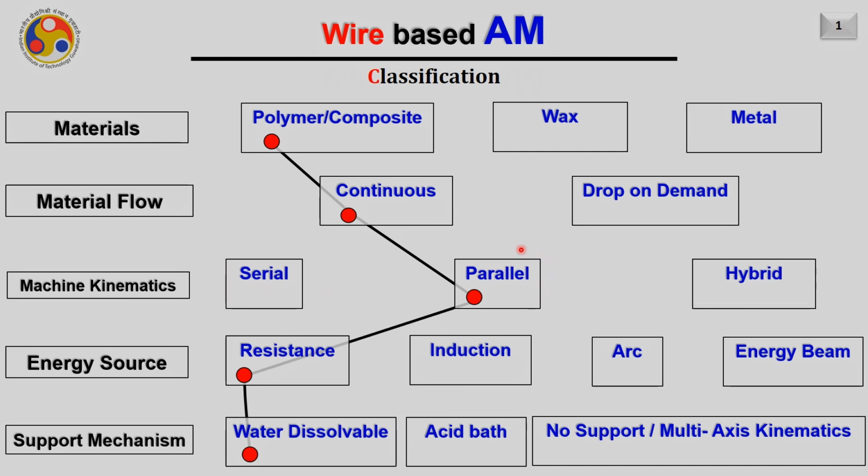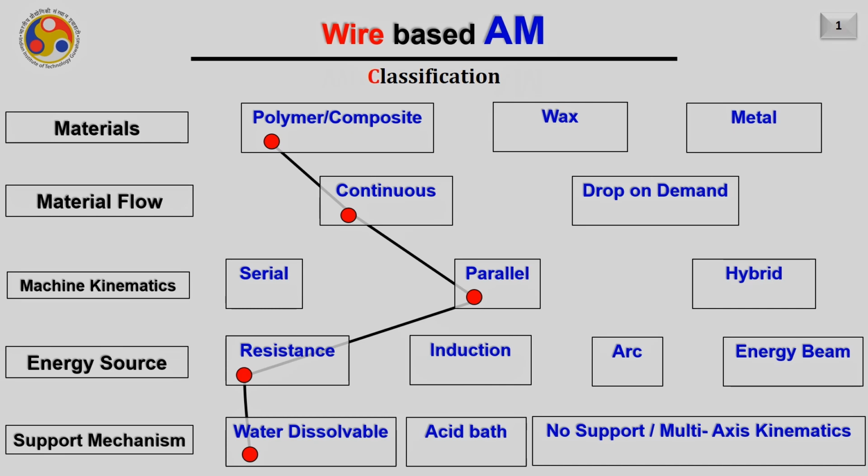Instead of the serial kinematics, let us have a look at some systems that use parallel kinematics. Again, the energy source will remain the same, that is resistance heating, where the wire coming from the top into the liquefier gets melted due to the resistance heating, and the molten material is extruded from a tiny nozzle onto the substrate.